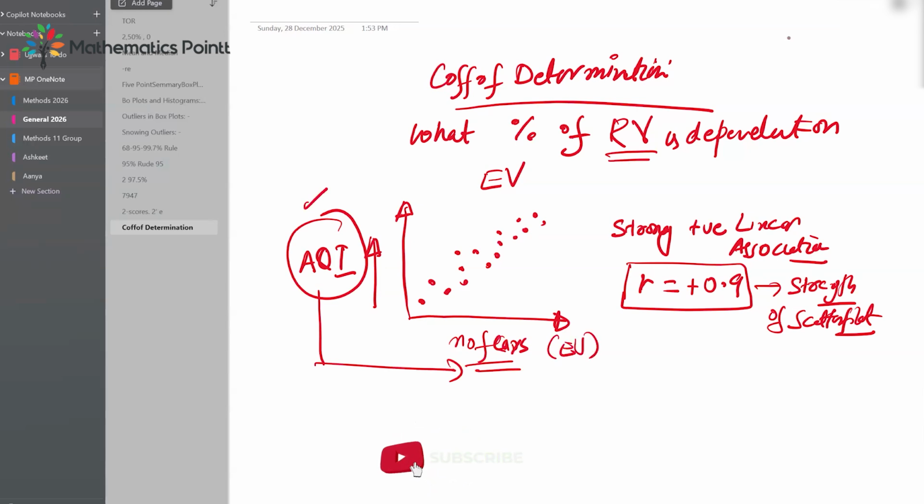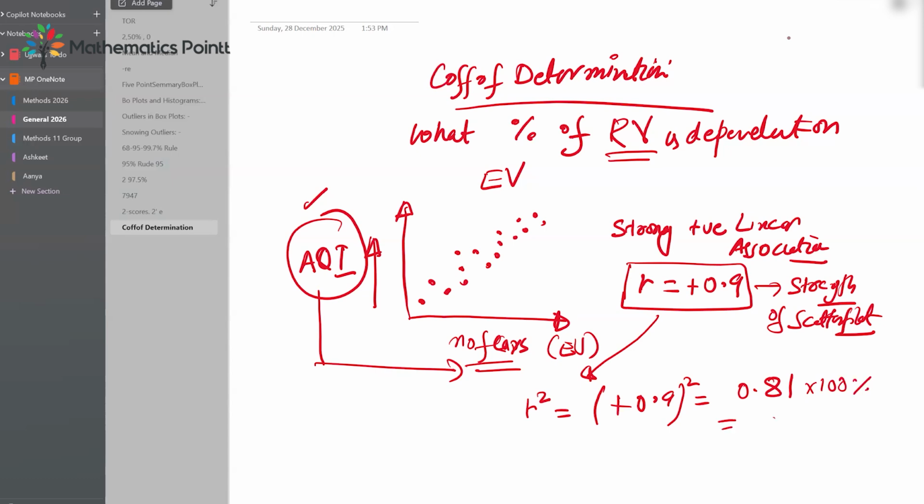Now, in order to find that, what I do is I square this value, the R square. So let's quickly square that value, positive 0.9 squared. If you square that in your calculator, you'll get 0.81. Times it by 100%, you will get 81%.